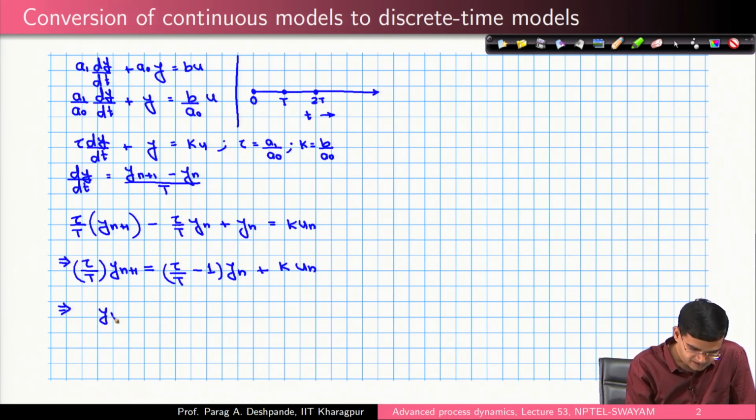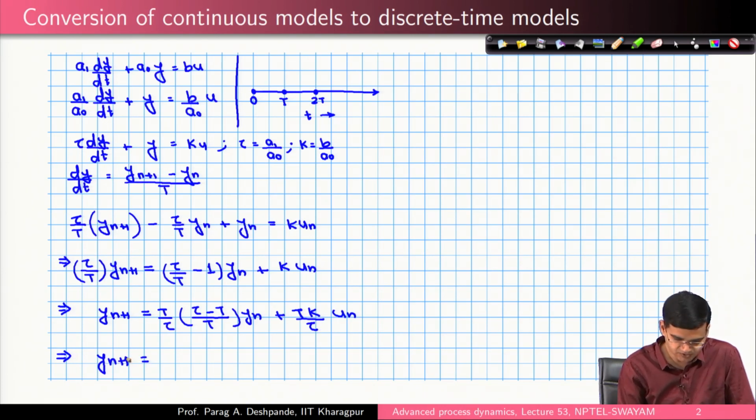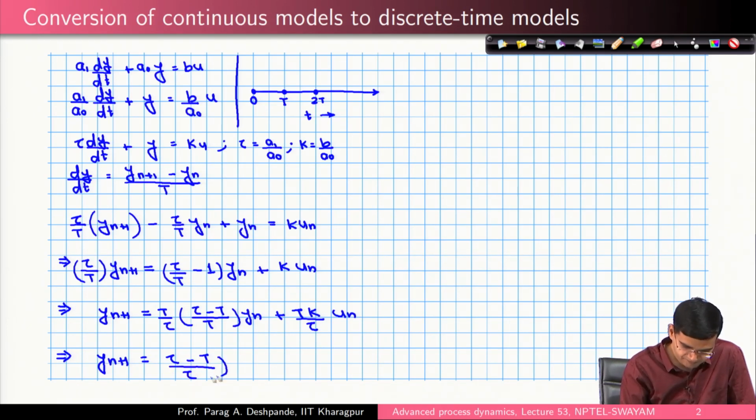or y n plus 1 is equal to (tau minus T) upon tau y n plus T capital K upon tau u n, which finally gives me the model equation as y n plus 1 is equal to (tau minus T) upon tau y n plus T capital K upon tau u n.